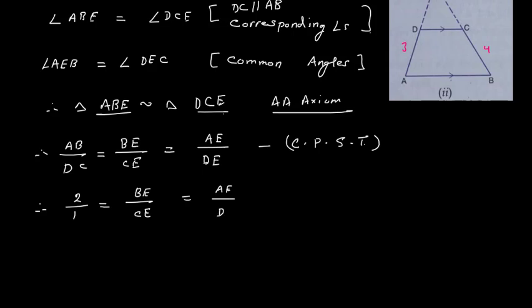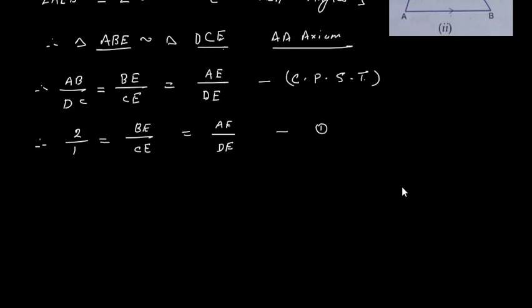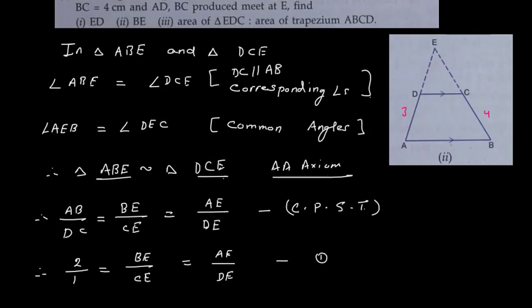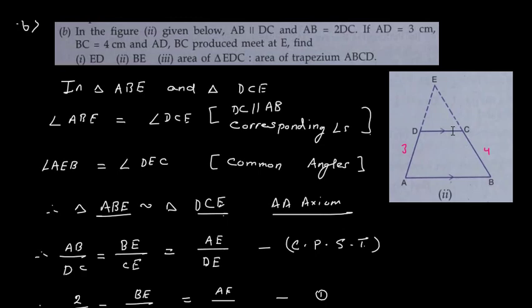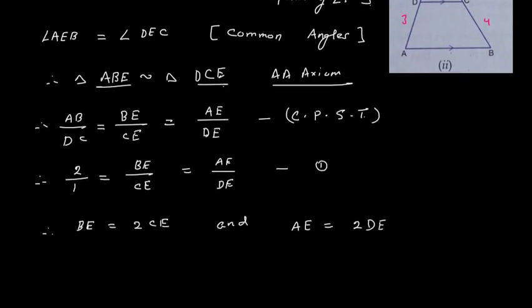Now from here, you can say that this BE is equal to 2 times CE, and this AE is 2 times DE. So BE, this length, is 2 times CE.